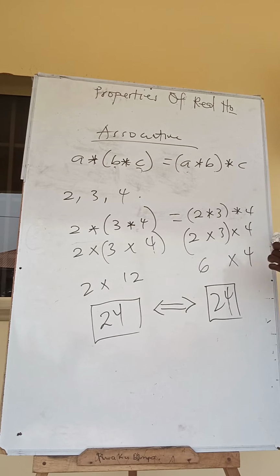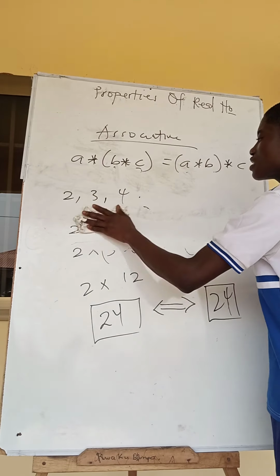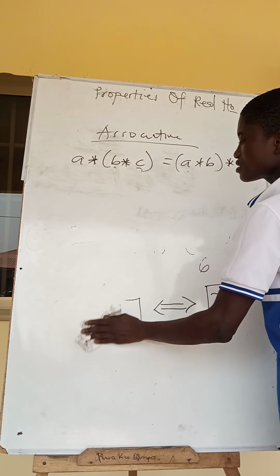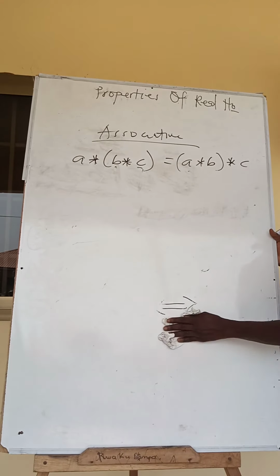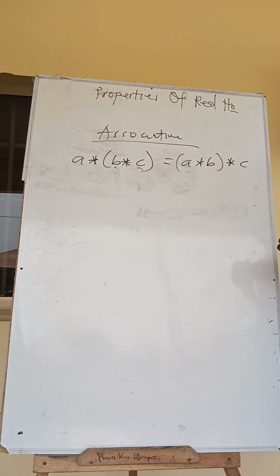So in summary, in this series we've done the 3 properties: commutativity, associativity, and distributive.